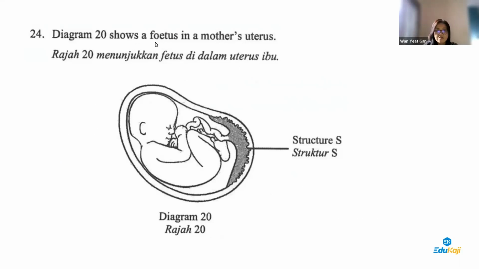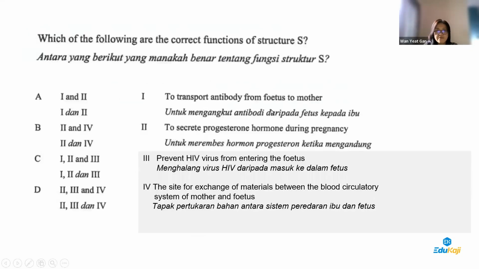Okay, diagram 20 shows a fetus in a mother's uterus. So there's a structure S here. Which of the following is the correct function of structure S? To transport antibody from fetus to mother, that's not true because the transportation of antibody is carried out by the blood vessels in the umbilical cord.